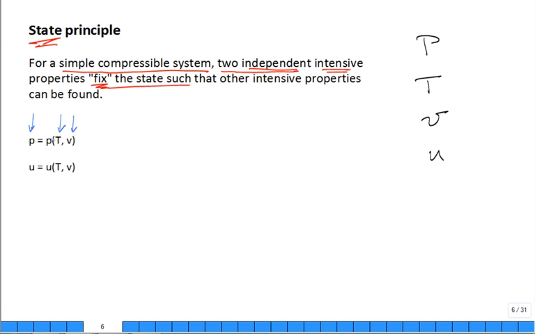They're dependent on the other 2 properties. Here's another one. Internal energy, I could theoretically get it if I knew the temperature and specific volume. What's common is, give me these 2, I'll give you these 2. But in principle, you could mix it up. Usually it's give me temperature and pressure, make sure they're independent, and I'll give you specific volume, as well as I'll give you internal energy.